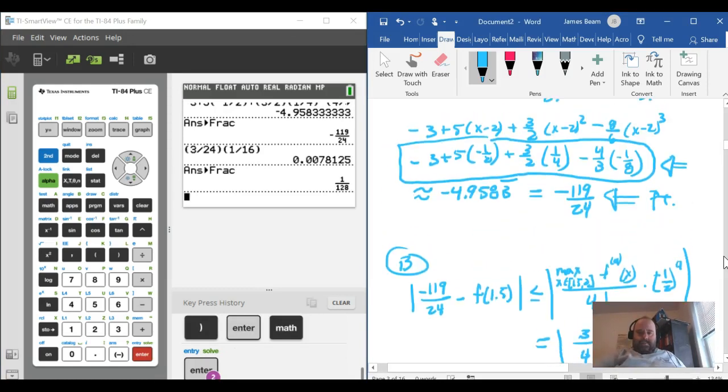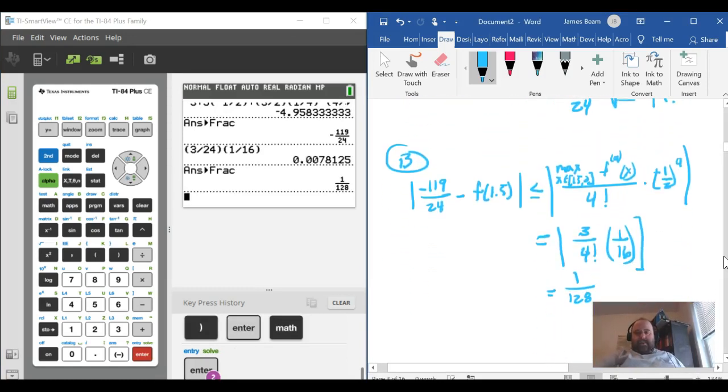Okay, so here's what I have. I know that I'm at negative 119 over 24. This is my estimate. The largest possible error is 1 over 128.